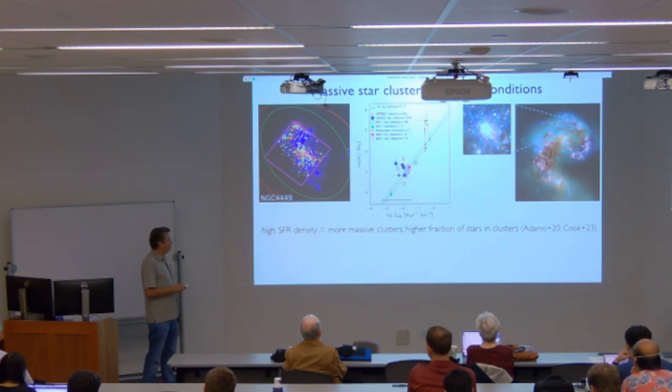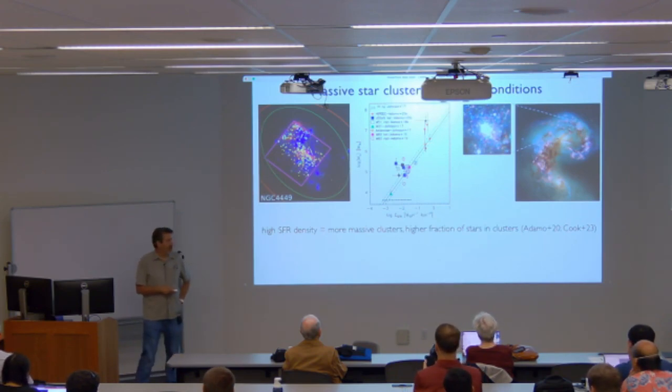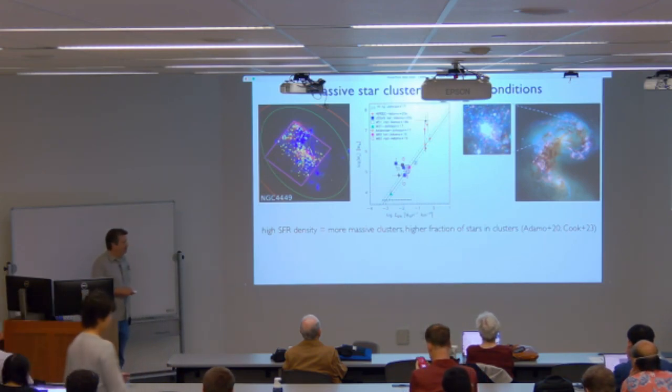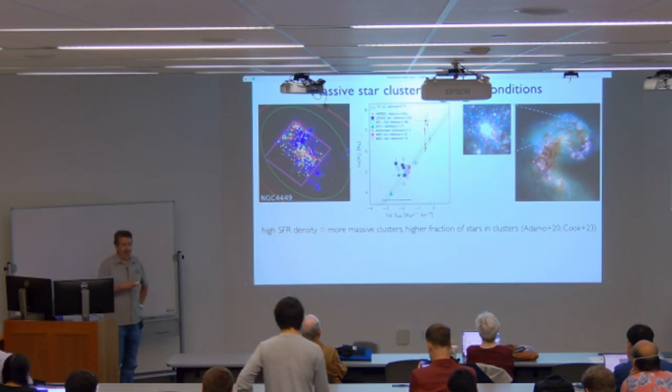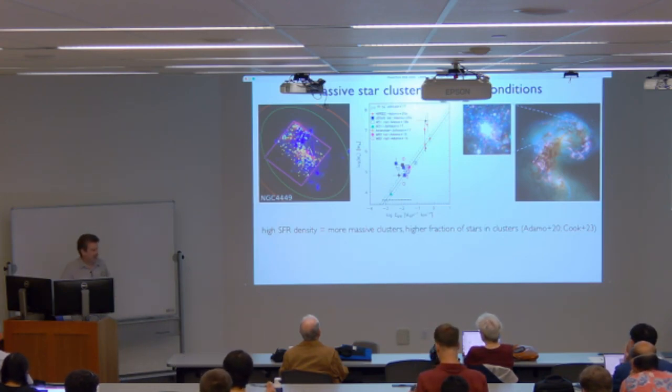So there's this strong correlation. There's some argument about exactly what this means, but basically you only see the most massive clusters in the highest density star formation regions. And you also get the highest fraction of stars in clusters. So if you have high star formation density, you get lots of clusters, and you get high mass clusters.